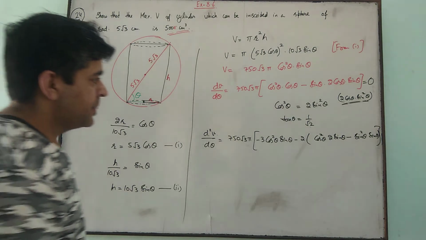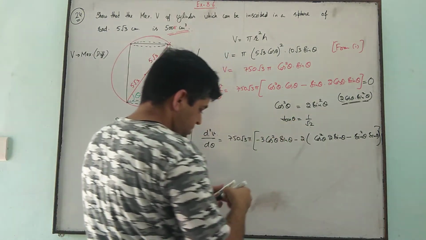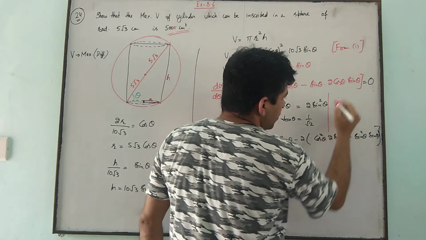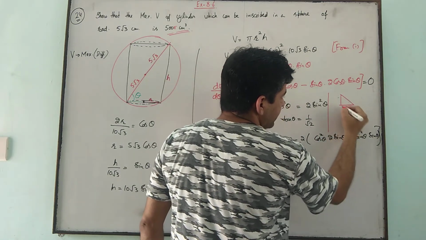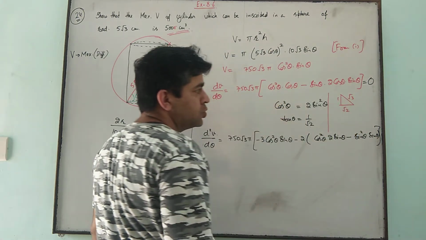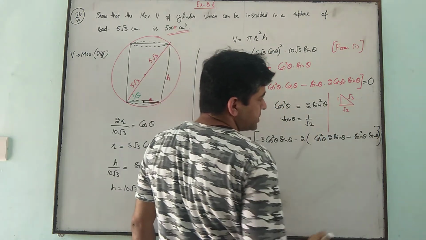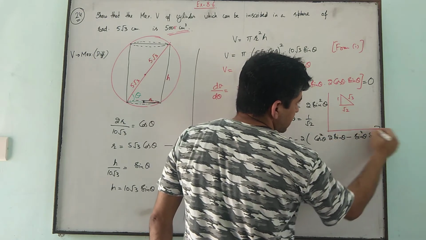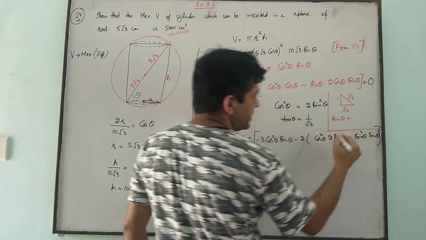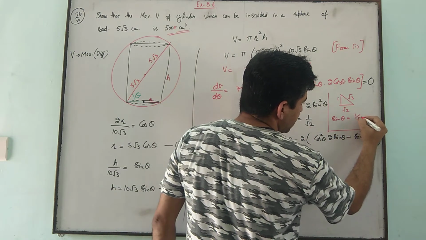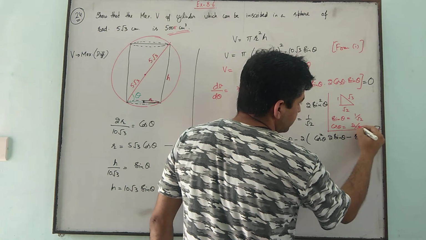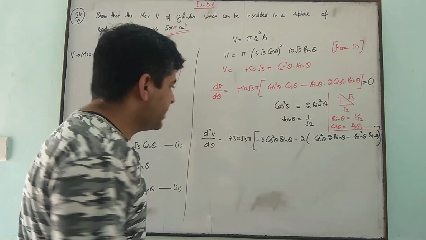Now you can see at this theta, tan theta will be 1 by root 2, then this hypotenuse will be root 3, root of 2 square plus 1. Then we got here that sin theta at this particular point will be 1 by root 3 and cos theta will be root 2 by root 3, and put the values here.